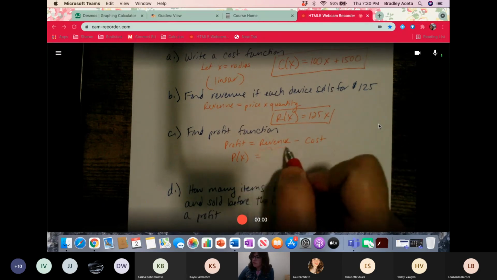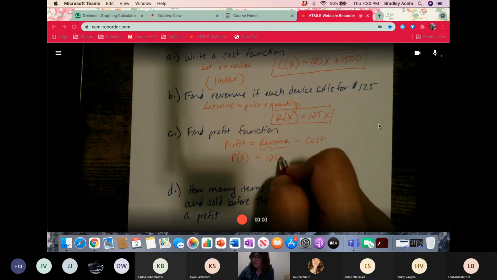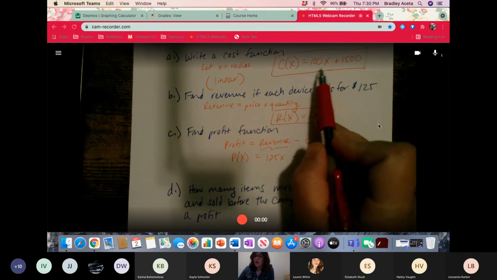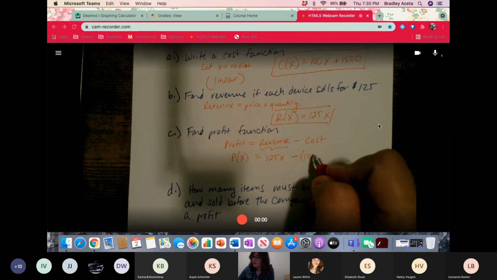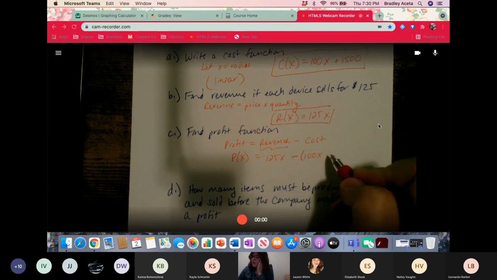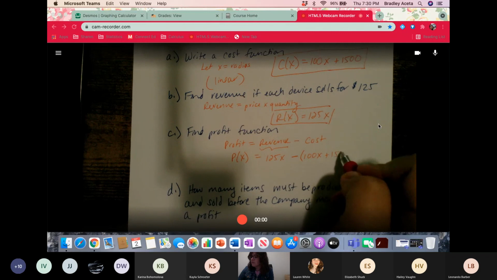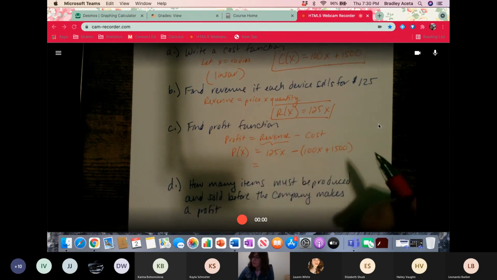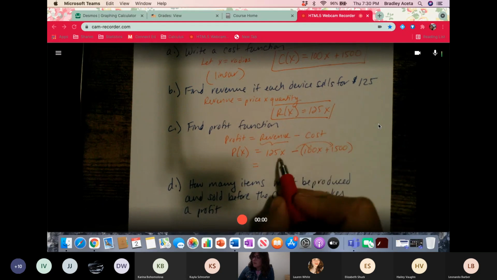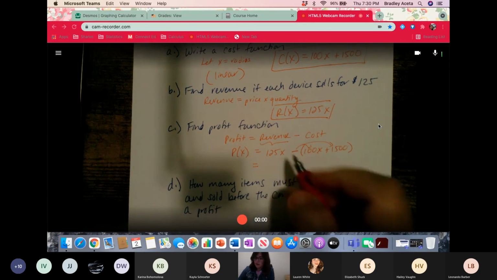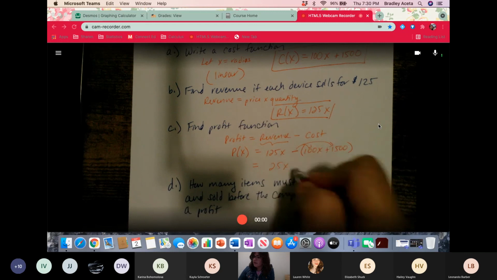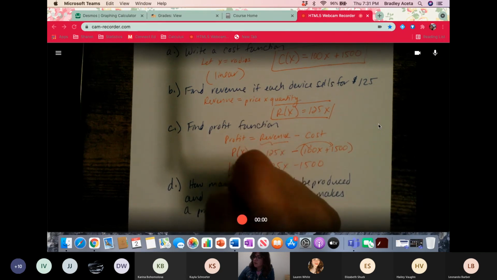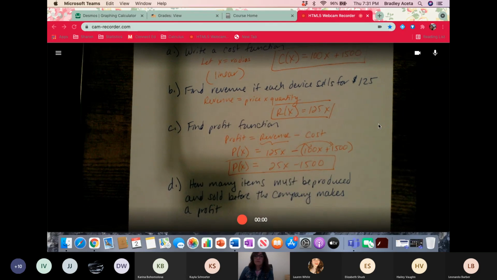My revenue was 125x minus my cost, which I'm going to put in parentheses because I have to distribute that minus: 100x plus 1,500. So that's 125 minus 100, which is just 25x minus 1,500. This would be your profit function.